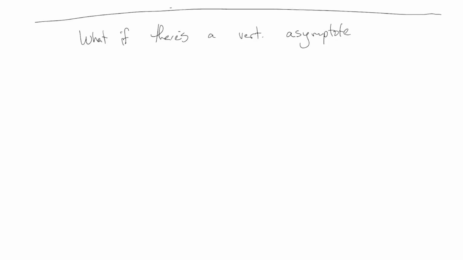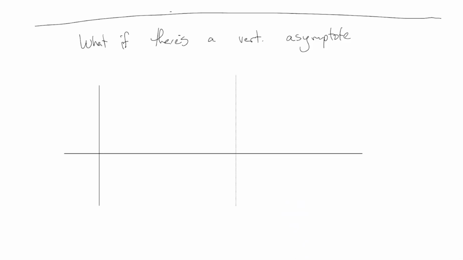Everybody knows what I mean by a vertical asymptote, I think. A vertical asymptote is one of these dotted lines like this, and then the curve goes like that, and like that. All right, here's one with a vertical asymptote.